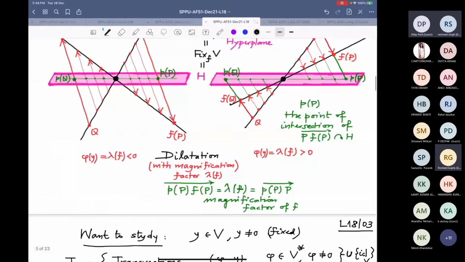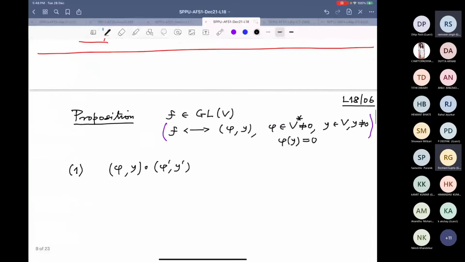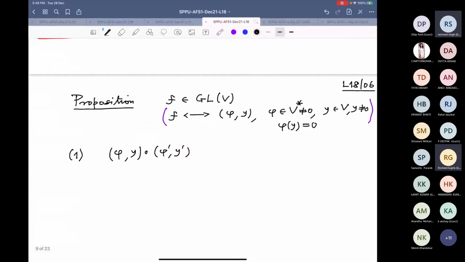So we are writing formulas for the pseudo reflections. And this should be again a pseudo reflection. I will tell you the formula. First, for the first component the same: this is phi comma y plus y.